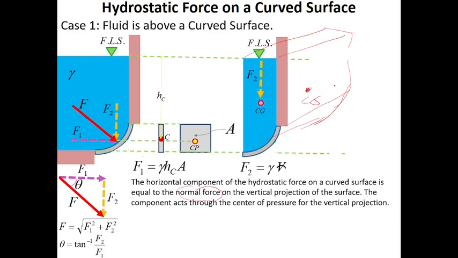Sabihin niyan, centroid ng volume ng tubig ng liquid na nandito. So, in this case, dahil ang liquid na to may mass, therefore, tatawagin natin siyang center of gravity of the mass of volume above the curved surface. Okay?